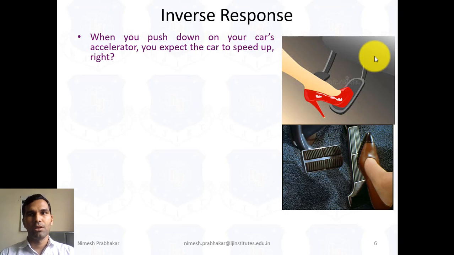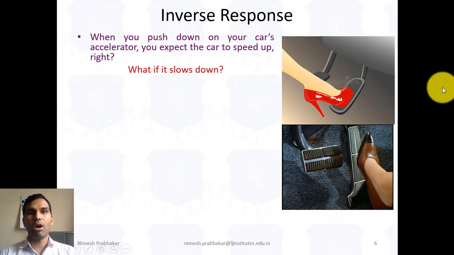That means when we push the accelerator, the speed of the car increases. But actually, what if it slows down? To increase the speed, we push the accelerator, but the car speed is reduced.